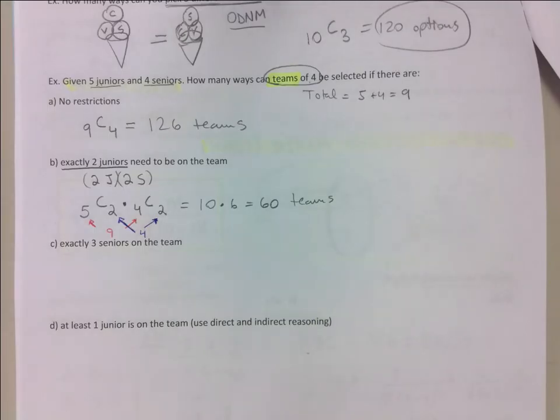So you chose 2 juniors, but how did you know you needed to choose 2 seniors? Because I told you I need a group of 4. So if I say, hey, no matter what, there's a group of 4, and I say I want 1 senior, what are we automatically going to assume? That the rest are juniors, right? So that's a good question, actually.